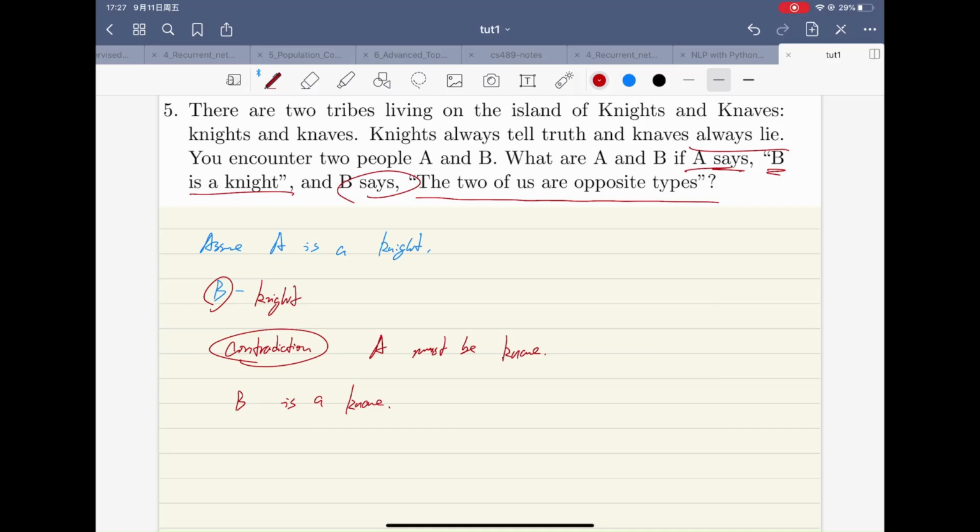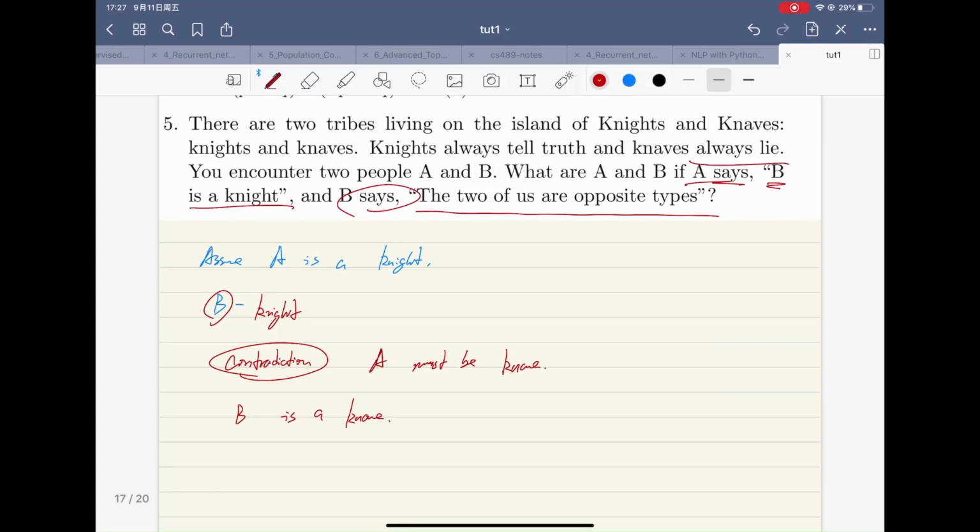So A says B is a knight, so B is a knave. Is that clear? So when you try to solve a logic puzzle, you just assume something. If there is a contradiction, then the assumption is false, it's incorrect, and the conclusion will be the opposite.